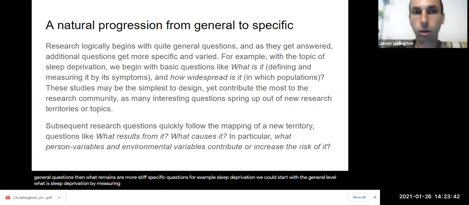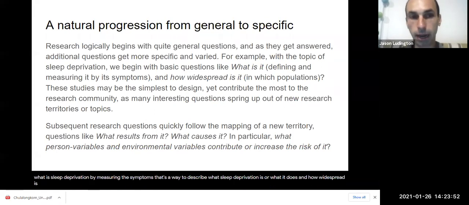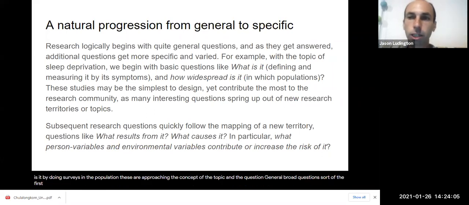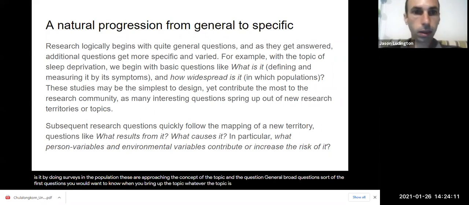By measuring the symptoms, that's a way to describe what sleep deprivation is or what it does. And how widespread is it? By doing surveys in the population. These are general broad questions, sort of the first questions you would want to know when you bring up the topic, whatever the topic is.